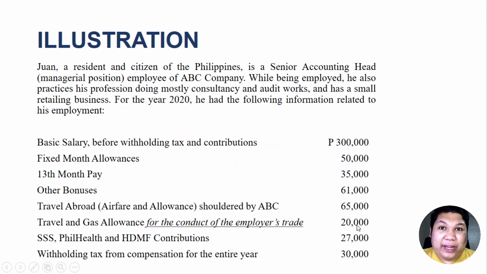This is not a compensation income of Juan. The contributions shall also be deducted once we compute the net taxable compensation income, and the withholding taxes shall be used when we compute the annual income tax due and payable.